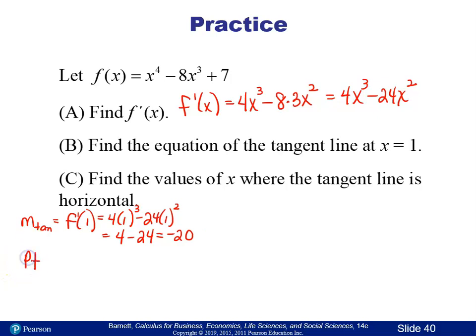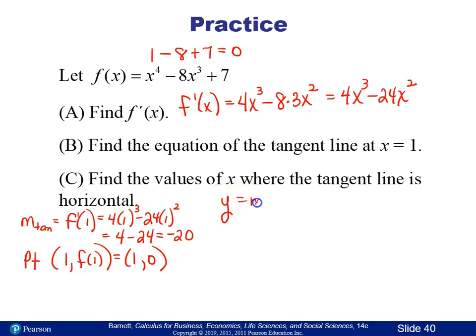And my point is going to be 1 and f of 1. If I plug 1 in up here, 1 to the fourth is 1, minus 8, plus 7. That's going to be 0. So we've got the point (1, 0).